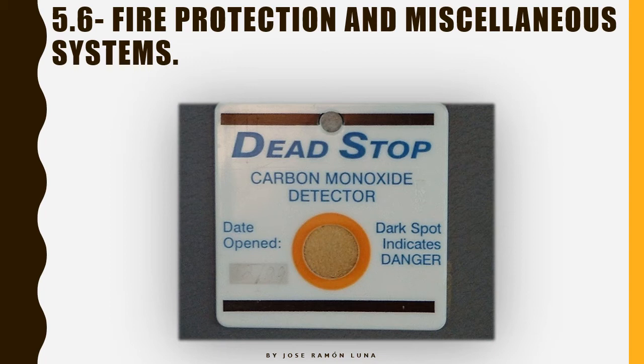In this case, there are two kinds of detectors. The one we can see in the screen, basically, and an electronic unit able to detect a CO leak and relay the information to the Garmin 1000. So, it says here, really easy to read, dark spot indicates danger. So, this is a chemical thing that is going to turn blue or black when in contact with carbon monoxide.